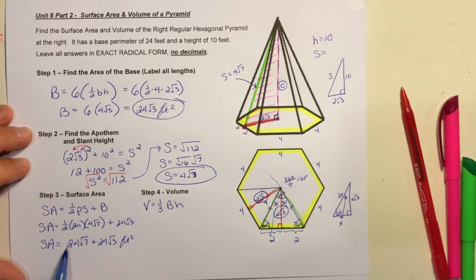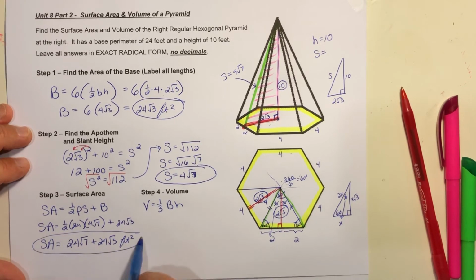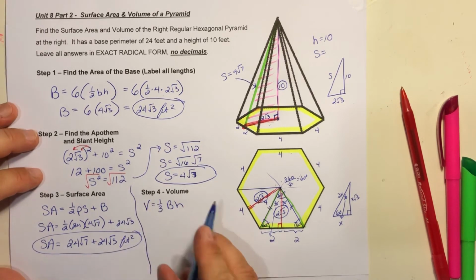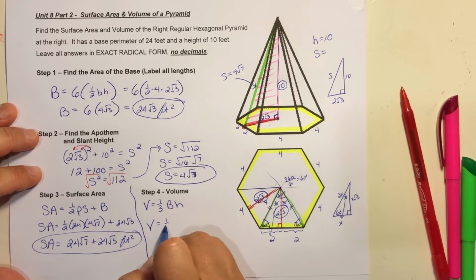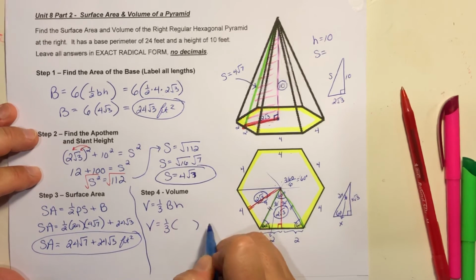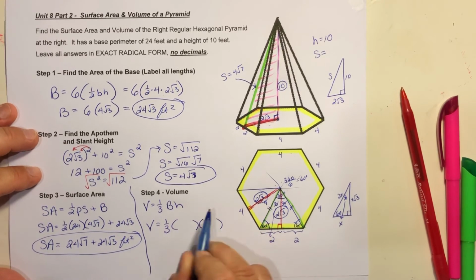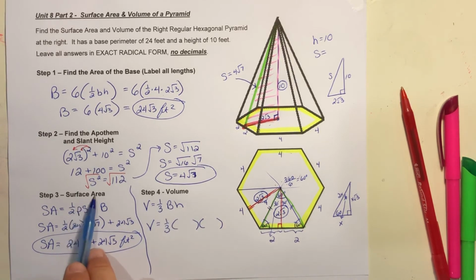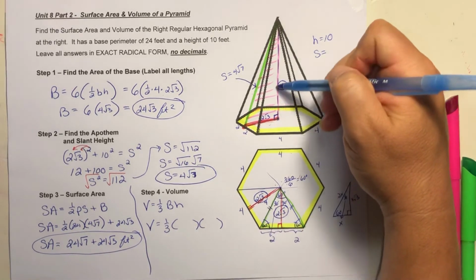Guys, can we add these two together? They are not like radicals. We'll leave them separate. Finally, we get to our volume. Volume is going to be 1/3 area of the base times the height, not the slant height. I usually like to say you use the slant height for the surface area. If you think of the S's, we use the true height for volume.